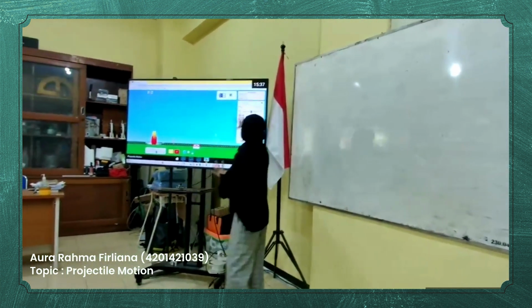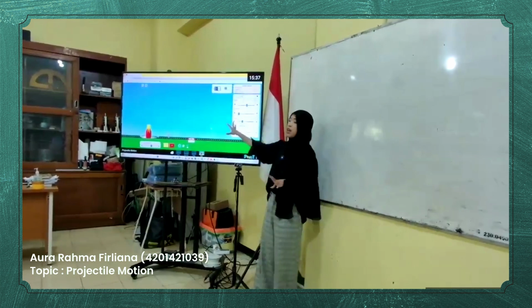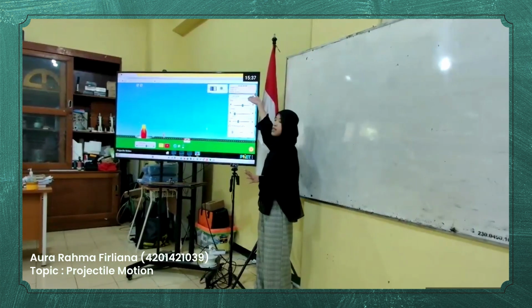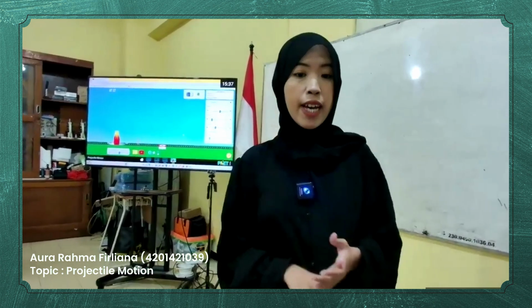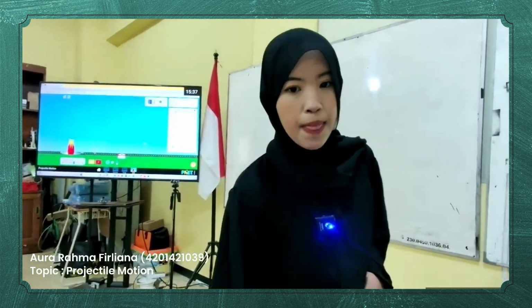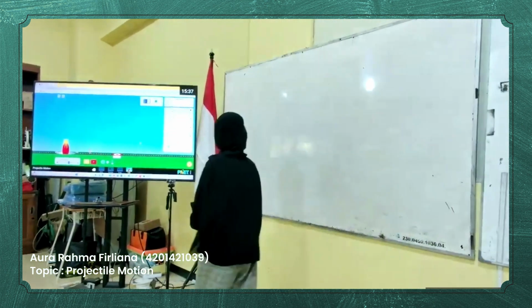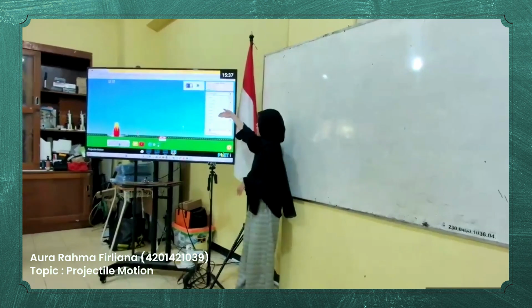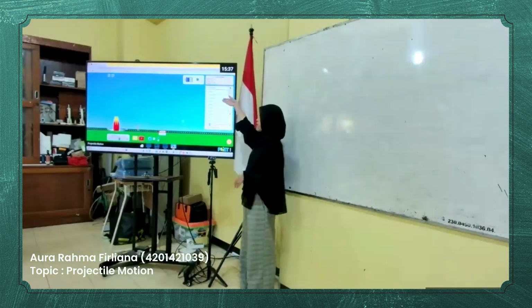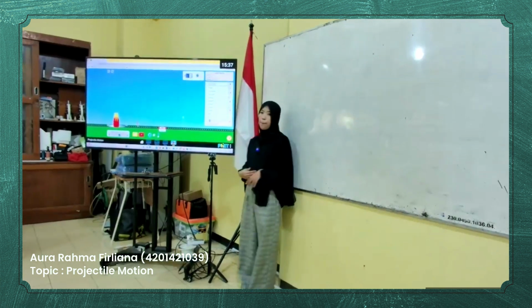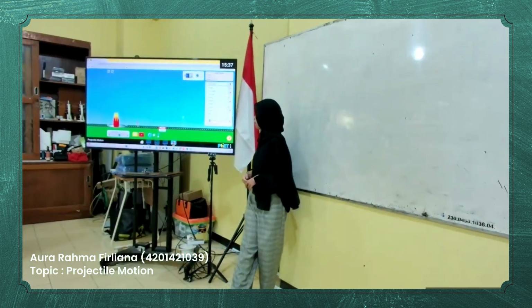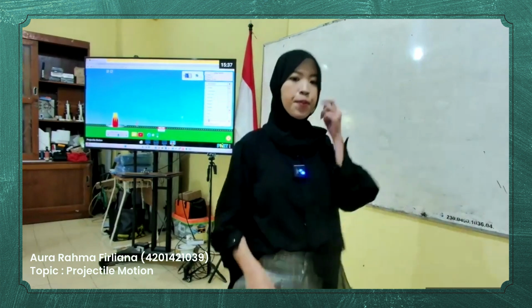In this box, you can choose one object, including cannonball, tank shell, golf ball, baseball, football, pumpkin, human, piano, and car.